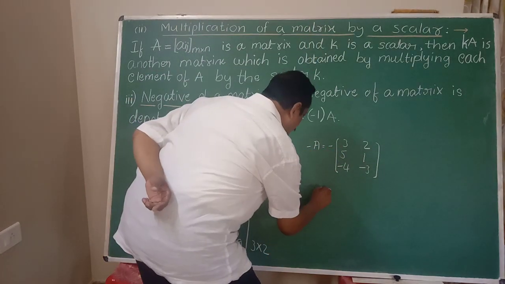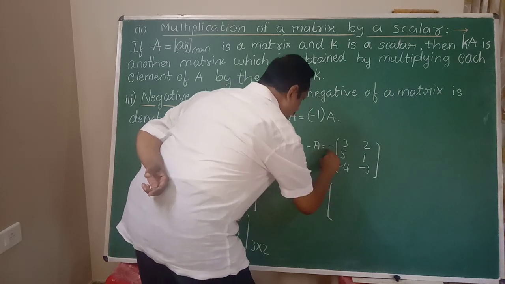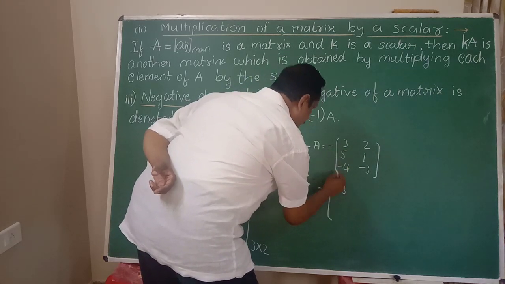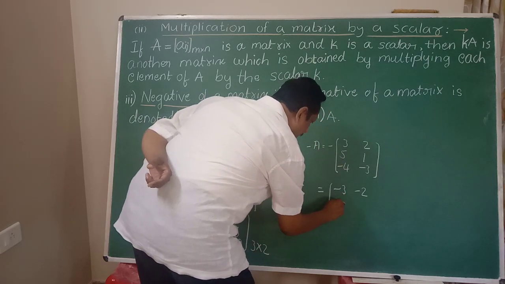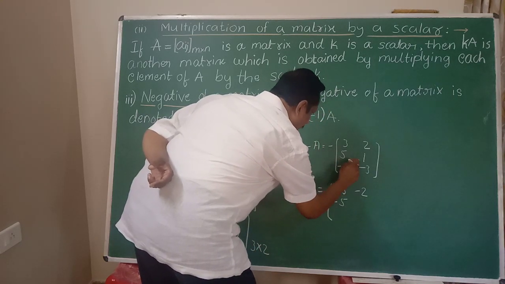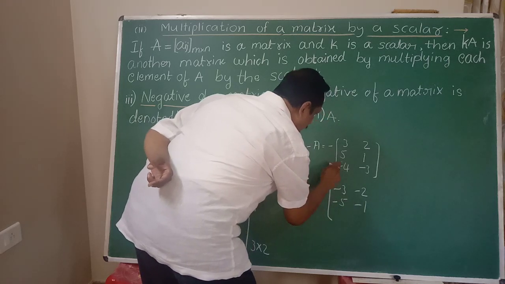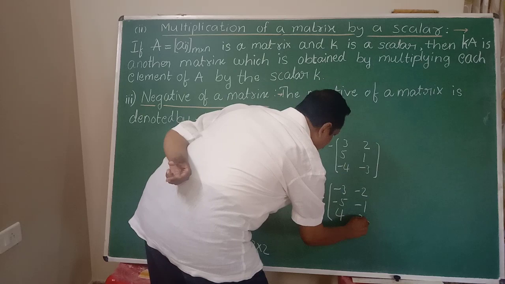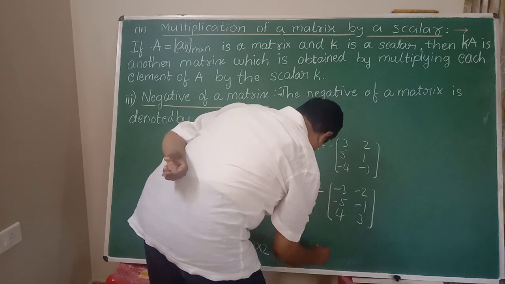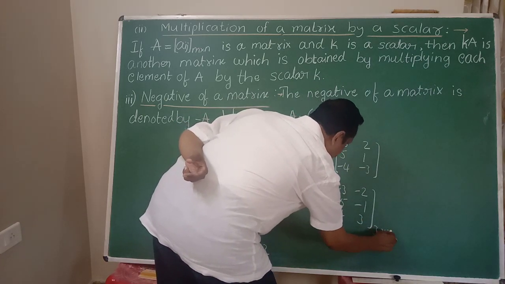Therefore this is equal to minus 3, minus 2, minus 5, minus 1. Minus into minus becomes plus 4, minus into minus becomes plus 3. Again its order is 3 into 2.